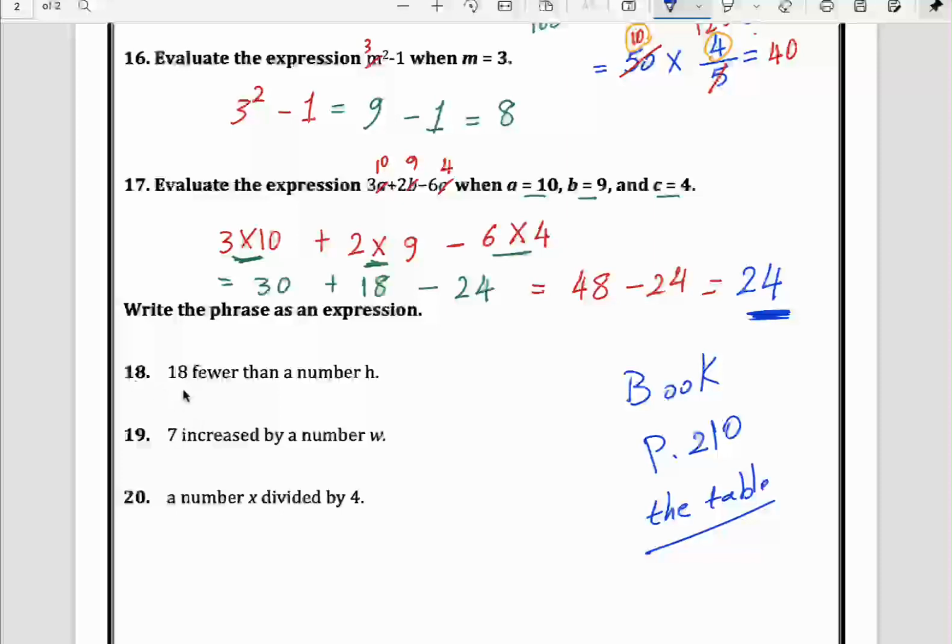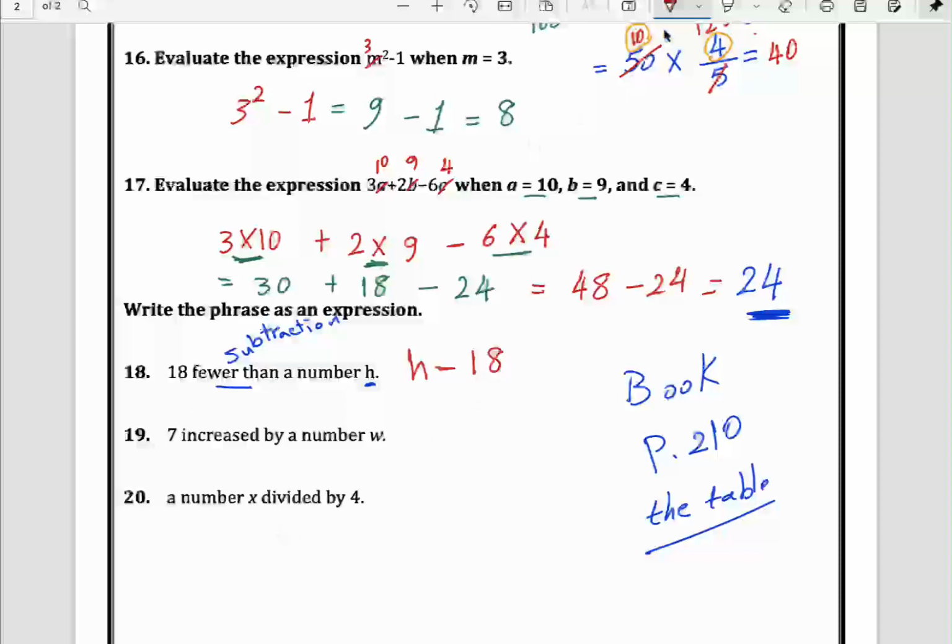In question 18, 18 fewer than a number h. Fewer than means subtraction, and it means that you should start with the number after fewer than. So I should start with the h. So the expression is h minus 18.